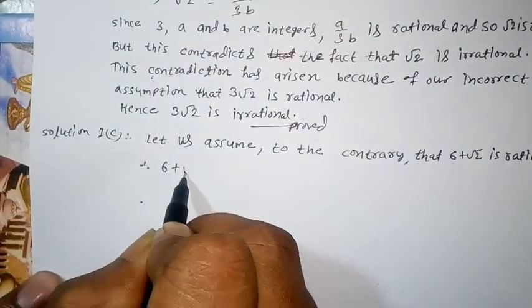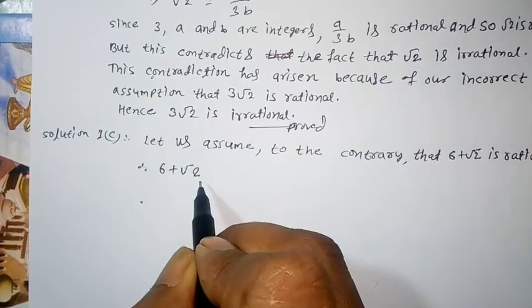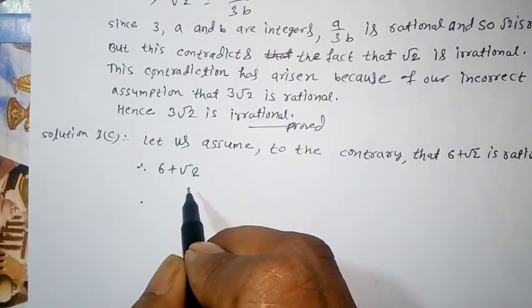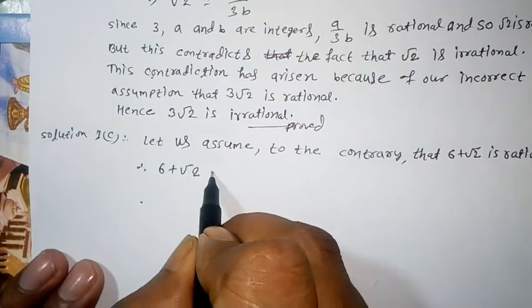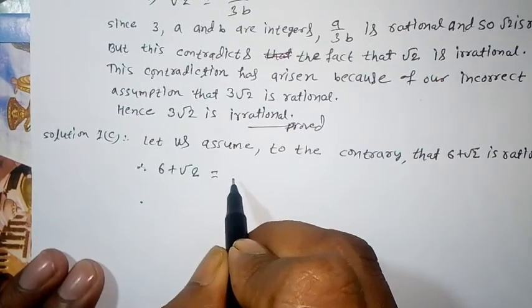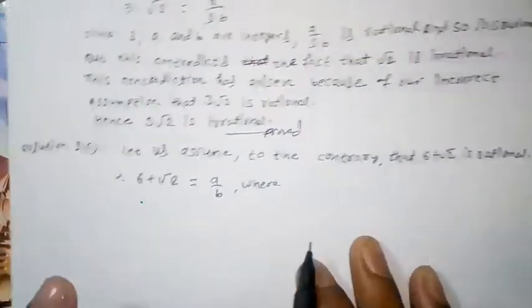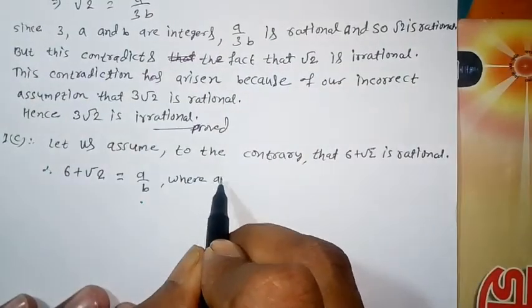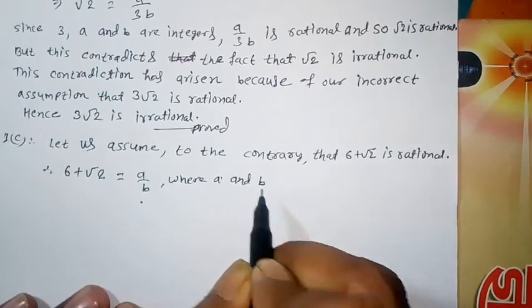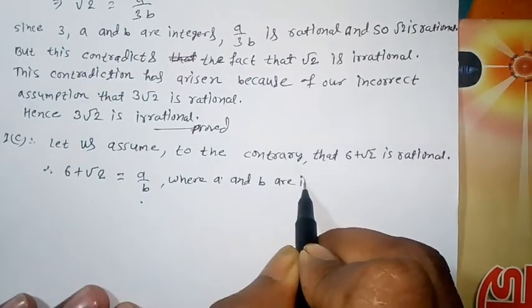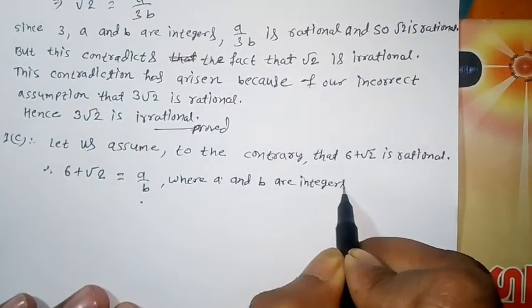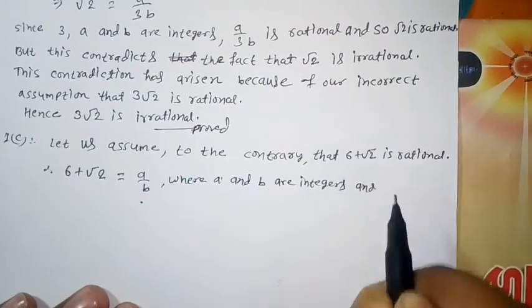Therefore 6 plus root 2 is equal to a by b, where a and b are integers and coprime.